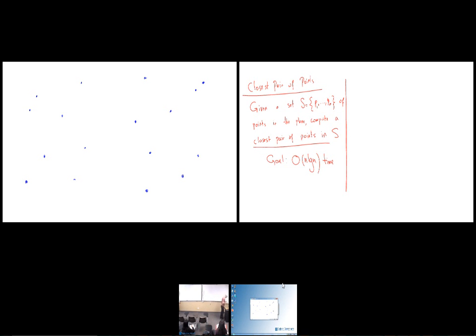So the idea is to compute a vertical line that partitions this set into roughly two equal parts.